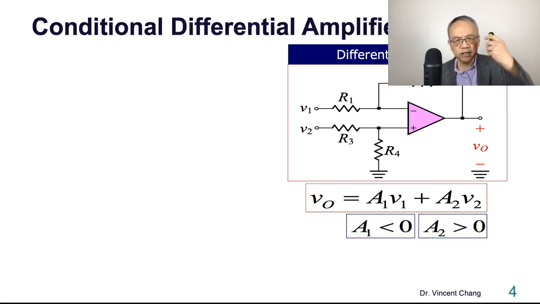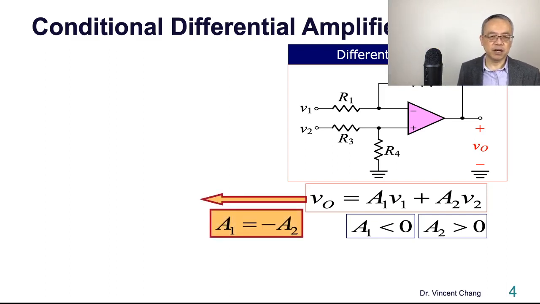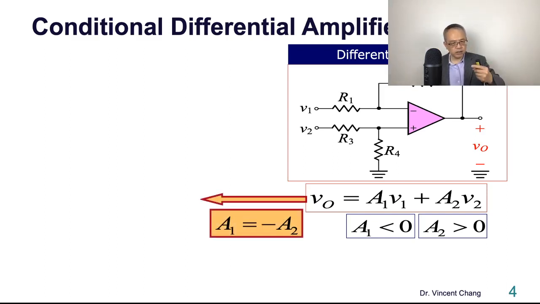So it's a conditional differential amplifier. This is not necessarily a differential amplifier. It's conditional. What condition? If it's negative 1 for A1 and 1 for A2, then it's a differential amplifier.